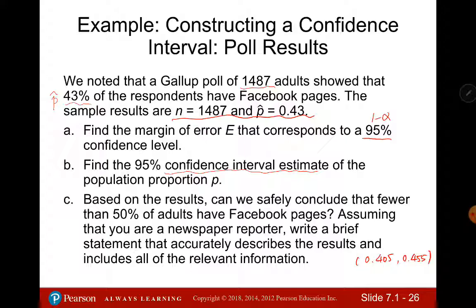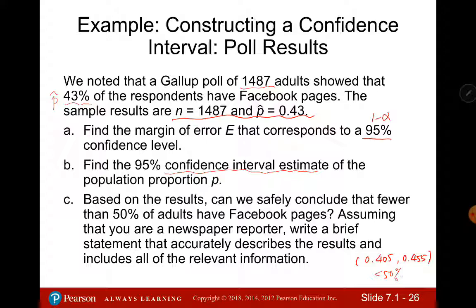This time we want to talk about, is that true, fewer than 50%? Because the confidence interval has 95% probability. We are 95% sure this confidence interval contains the true value of p.